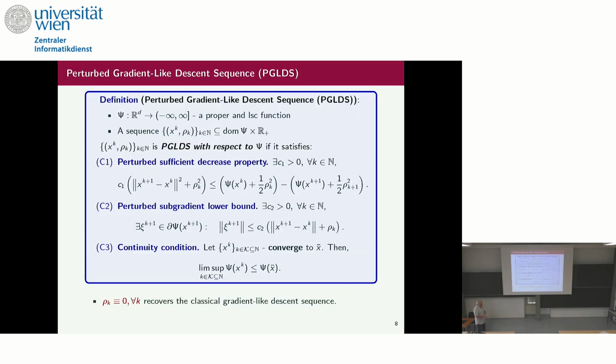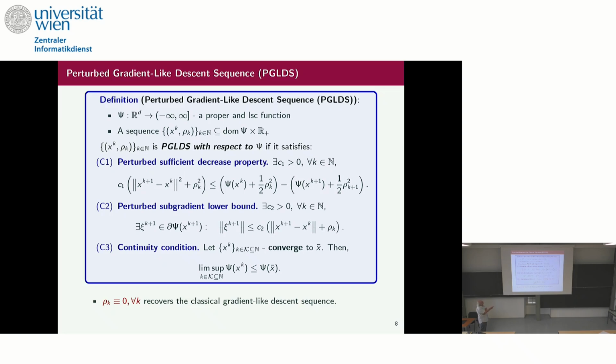Okay, so what is the perturbed version of the sequence? We have a functional here, extended value, psi. We have a sequence of points xk in the domain of psi and a non-negative scalar sequence. And we say that this pair is a perturbed gradient-like descent if it satisfies the 3 conditions.